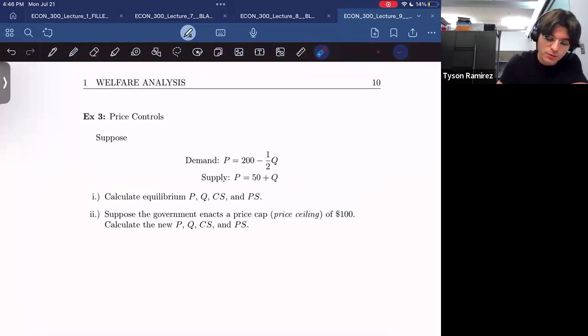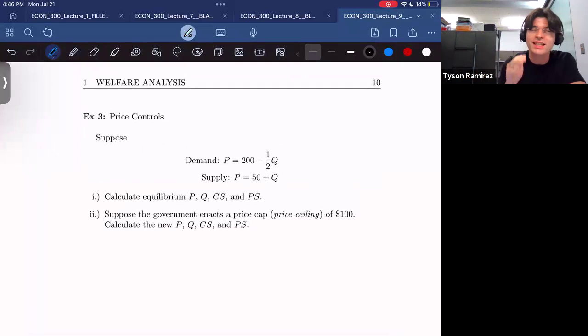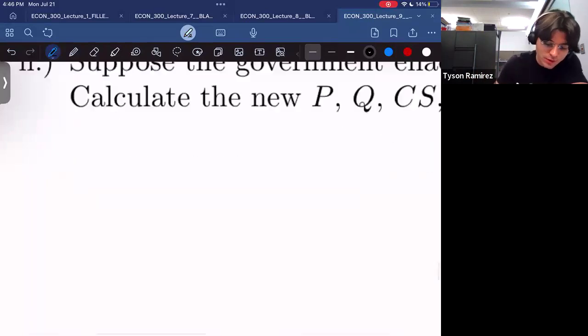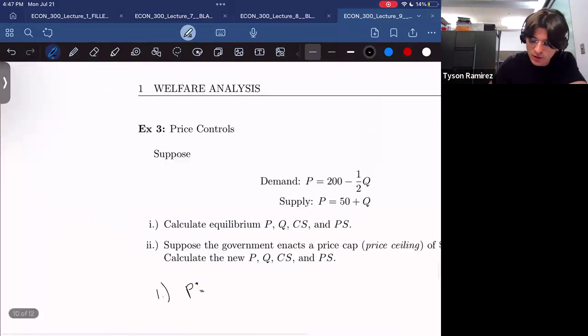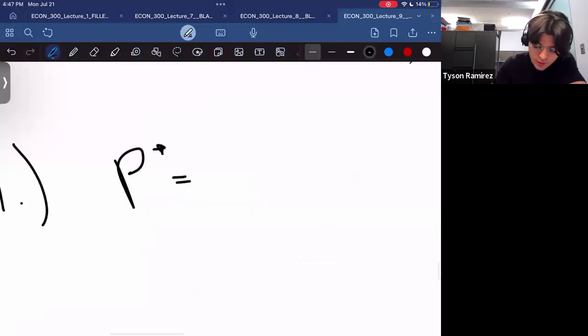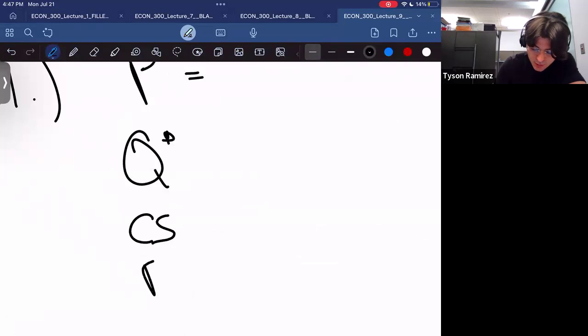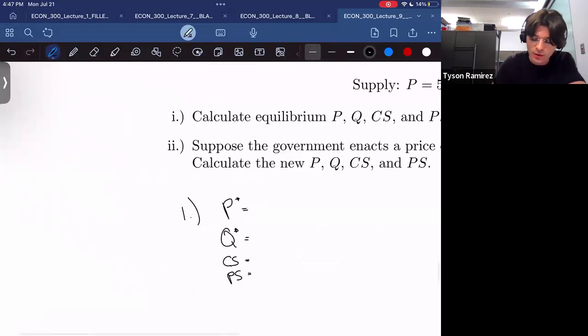Suppose we're working with the exact same example as before. So I don't even have to redo part one. I know that P star is going to be P star and Q star, and CS and PS are going to be the exact same as we had above.